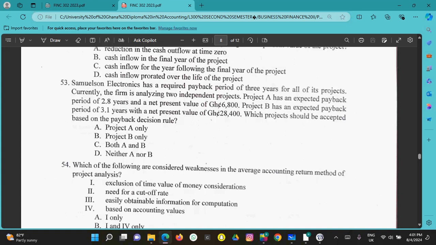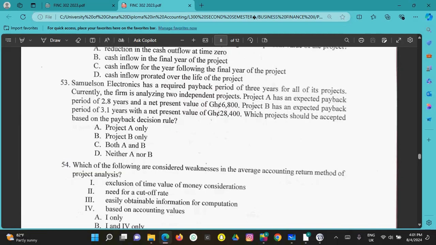Samosin Electronic has required a payback period of 3 years for all of its projects. So they are not looking at any other alternative. Currently, the firm is analyzing two independent projects. Project A has an expected payback of 2.8 years and a net present value of 6,800.